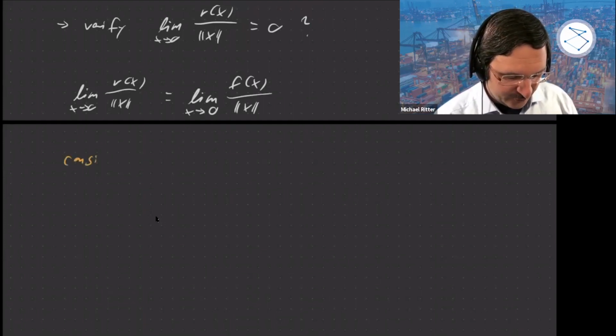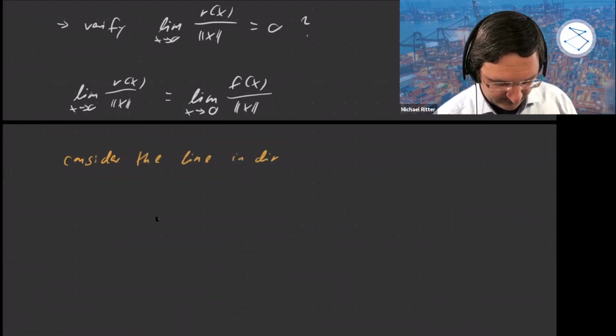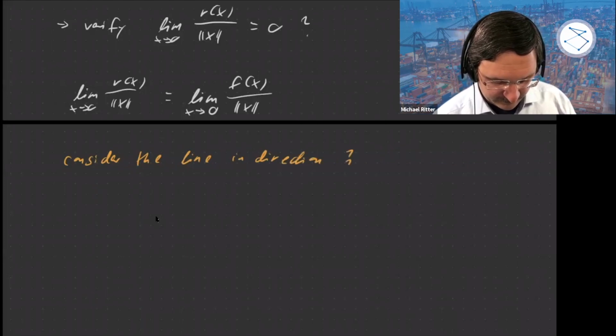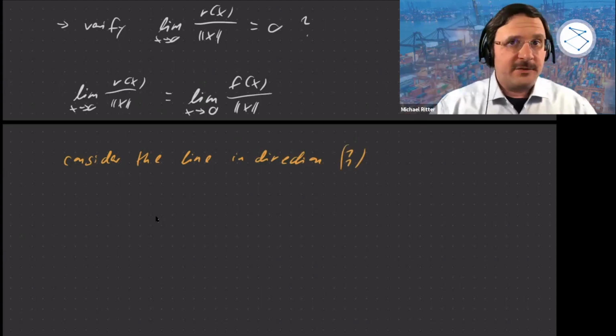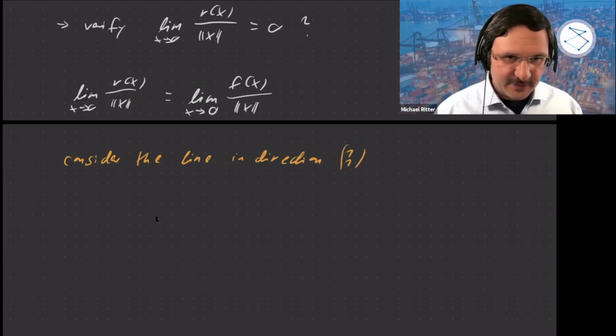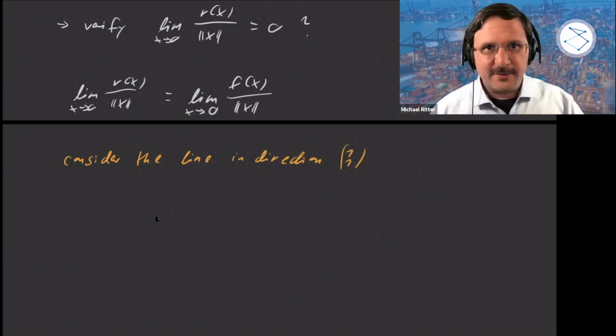In this case, we consider the line in direction 1, 1. Yeah, so we've considered the axis already. Basically, we've considered every line already, but we're going to look at this because this will make it easy to get a result here. And you'll see in a minute why.